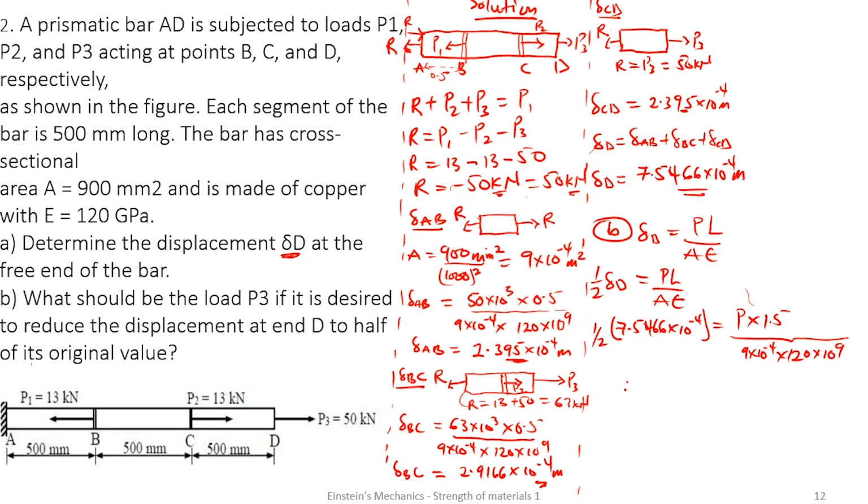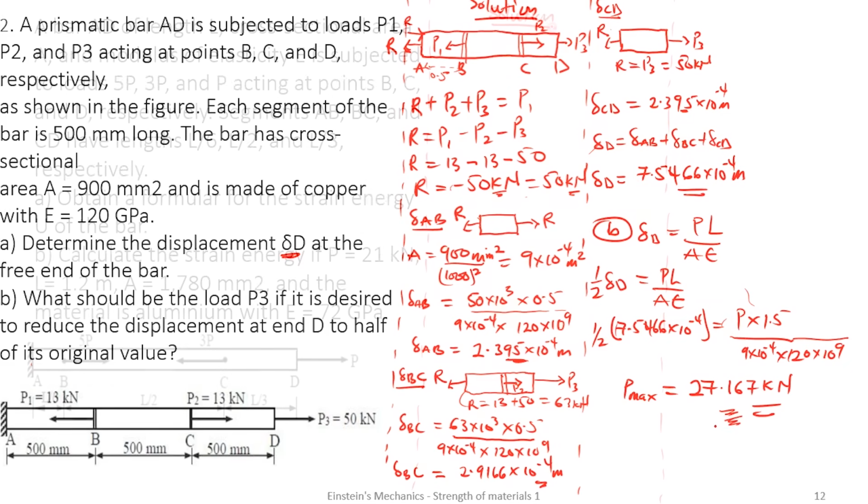And making P the subject here, you're going to get our P maximum or the P to be equal to 27.167 kilonewtons. We wanted a force to reduce this displacement to half. So you have to half it and compute for the P, the force.